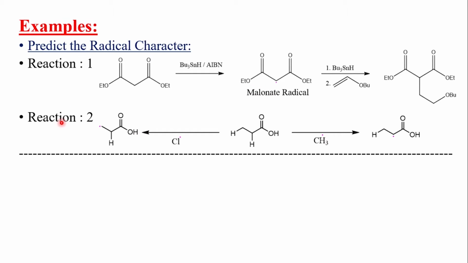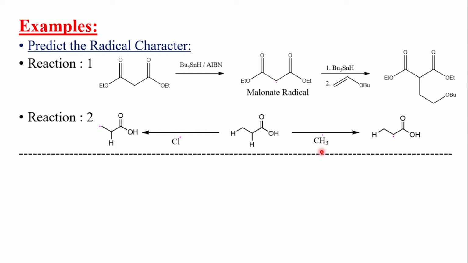Similarly, reaction 2. In this reaction, methyl radical abstracts this proton while chlorine radical abstracts this proton. Why? Because chlorine is more electronegative than this carbon atom, so this is a stable radical, and this is unstable as compared to the Cl radical. The Cl radical abstracts this proton by lowering the energy of SOMO.